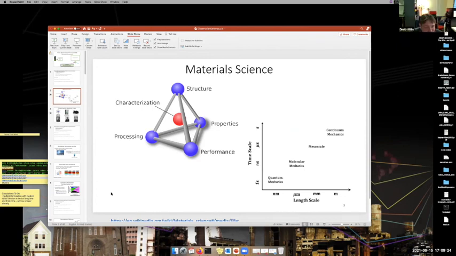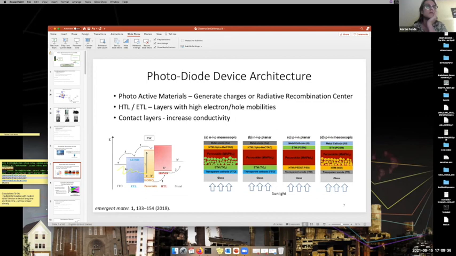Yvonne is asking about slide number 7. Is the color scheme consistent? Yeah, if I made the figure, I would, but ideally I would like to make the color scheme consistent, but then I would just have to make the figure myself.